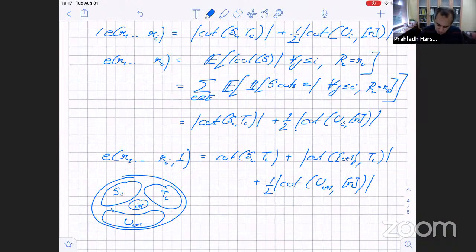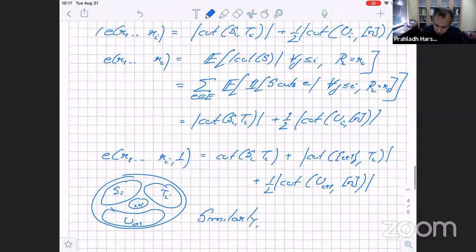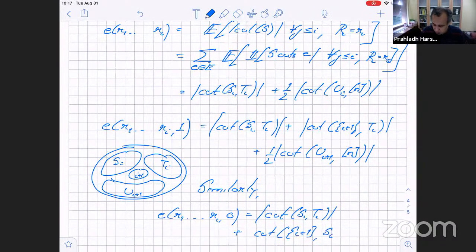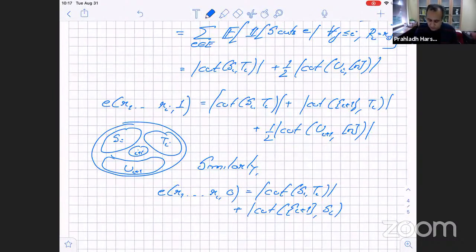And similarly, by exactly the same argument, we can show that E of R1 to Ri with 0 is exactly the size of the cut of SI TI plus the cut from I plus 1 to SI, because if I'm going to put it at 0, the number of edges you will be cutting is the number of edges going from I plus 1 to SI, plus half the cut of UI plus 1.